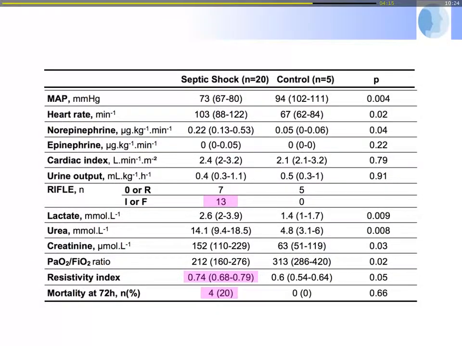We did this in 20 septic patients, and first just look at the resistive index, the classical one. You can see that clearly you have a difference between ICU patients and control patients without sepsis. So the resistive index is a good tool for me to assess renal perfusion.